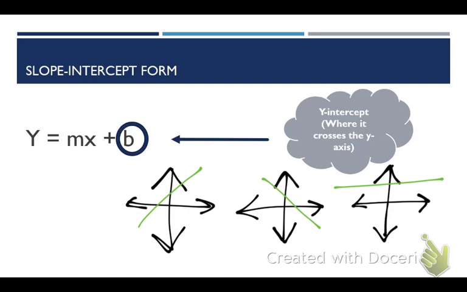The y-intercept is where the line crosses the y-axis. If you look at my green lines, these are 3 examples. It's where it crosses the y-axis. Everyone see? Put a nice big old purple dot.